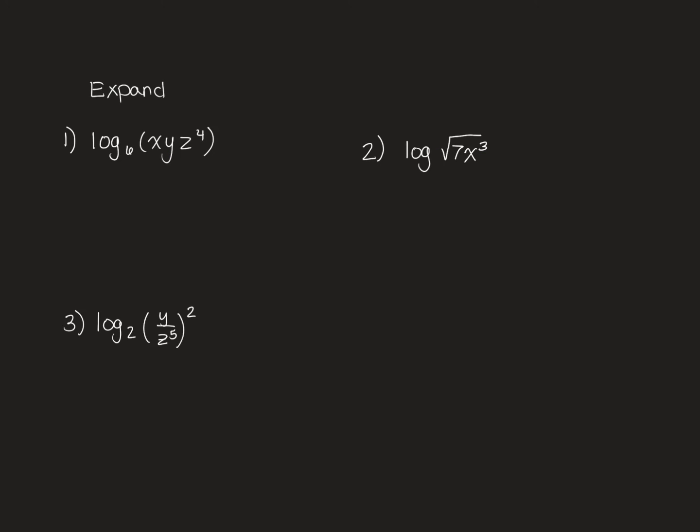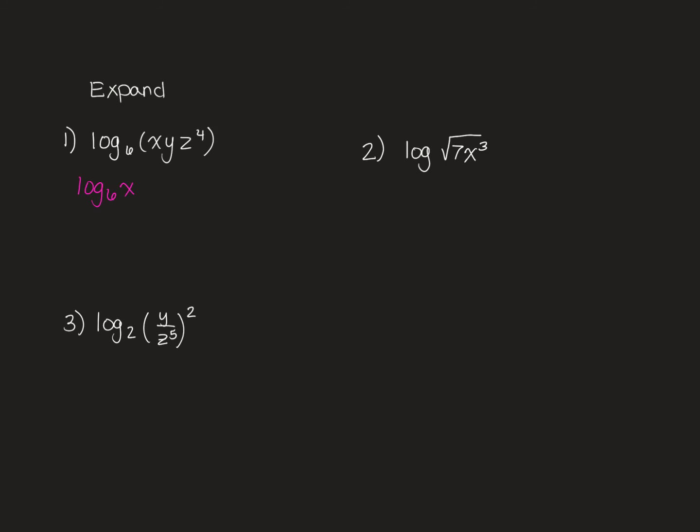Okay, so now we're going to expand the logarithms. I like expanding more than condensing, so I just think it flows easier. So looking at number 1, we have log base 6 of x times y times z to the 4th. So if we are multiplying inside the logarithm, that means that we are adding all of these variables.